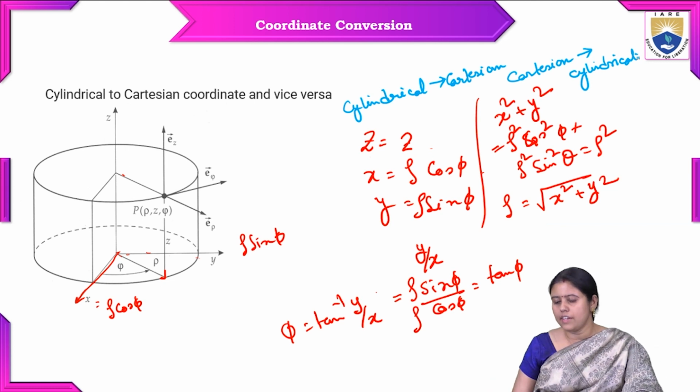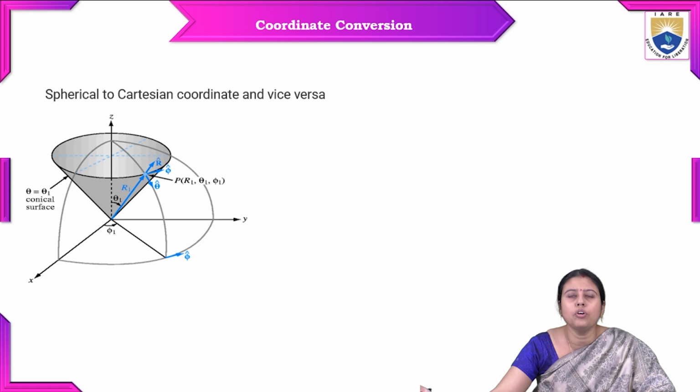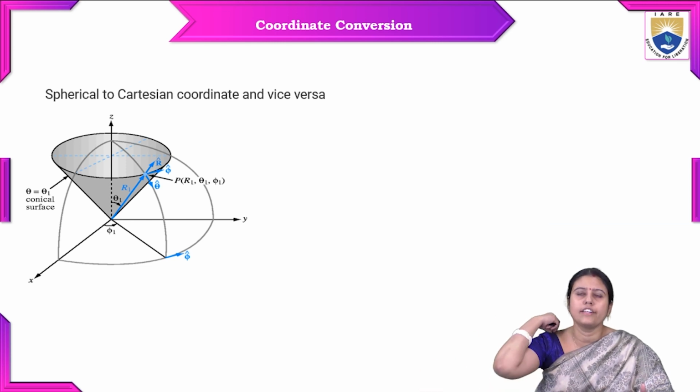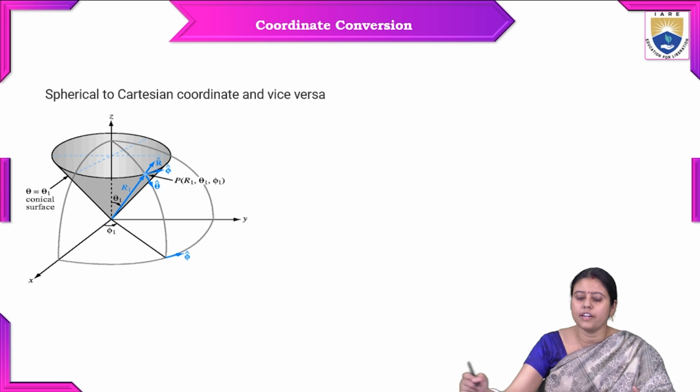Now we will discuss the next question. Another orthogonal coordinate system is the spherical to Cartesian coordinate system. What is the spherical to Cartesian coordinate system?